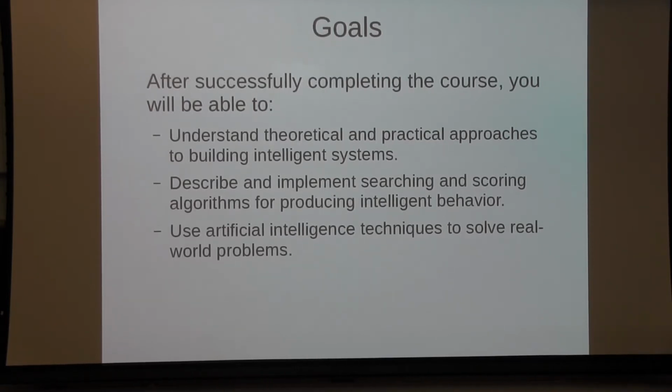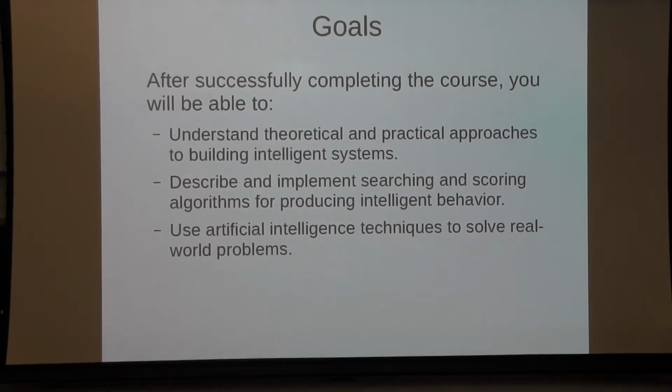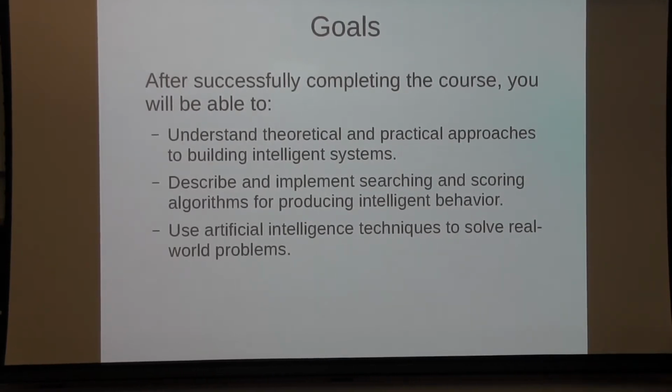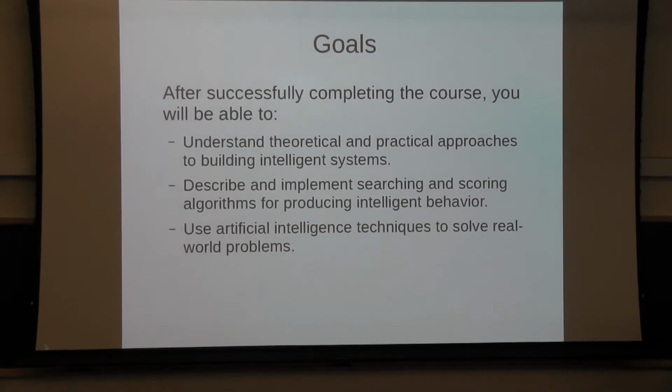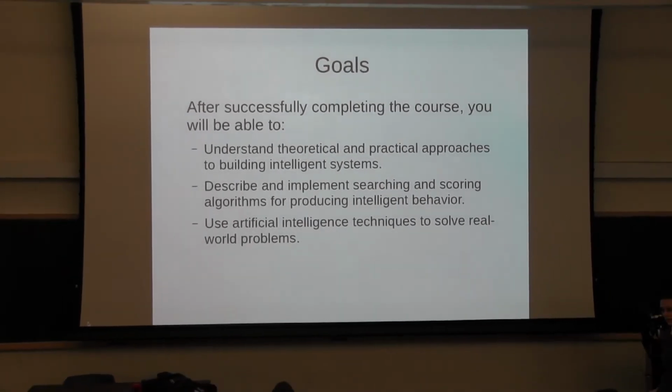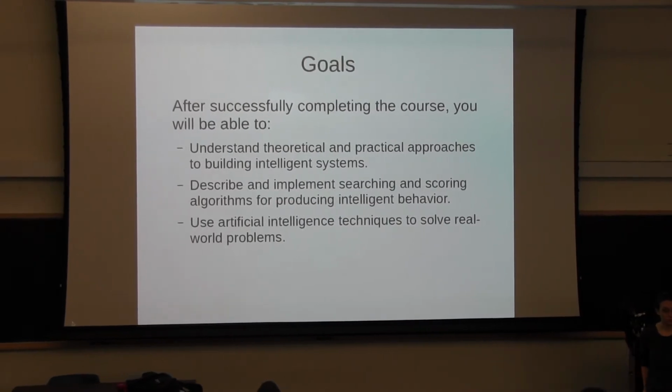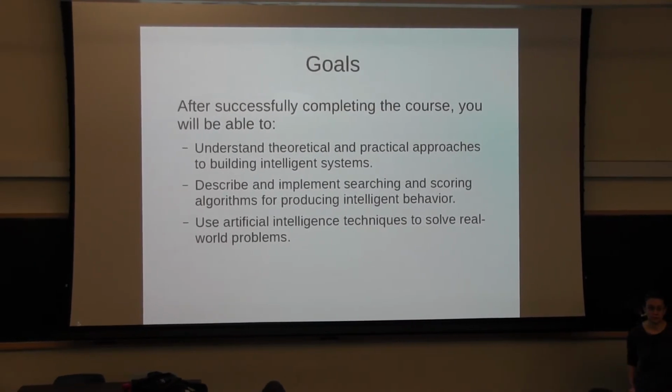That theme has come back throughout the course, from breadth first search and our models for uncertainty, and then at the end when we're doing sequences of decision making under uncertainty with MDPs and RL. And then use AI techniques to solve real world problems. You saw that through the projects, SLAM and searching in Pac-Man for games, and decision making, computer vision, and the email stuff, and then the RL project that you just finished.